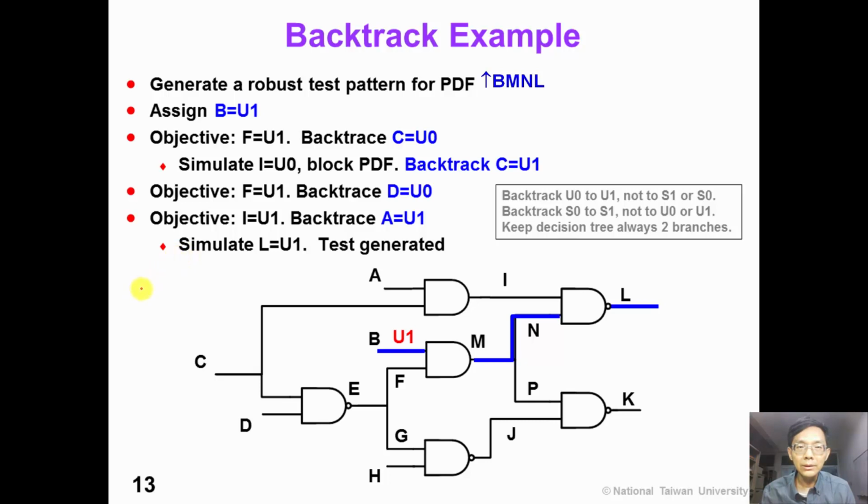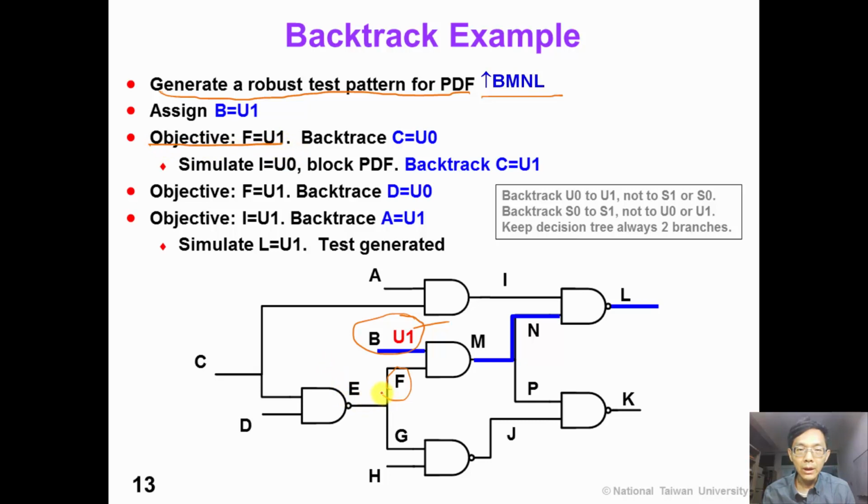Now consider this circuit. We will try to generate a robust test pattern for the path delay fault BMNL, which is highlighted in blue. At the starting point, we assign B to be U1, because 1 is a non-controlling value for this AND gate. So our objective value for the side input F can be U1.